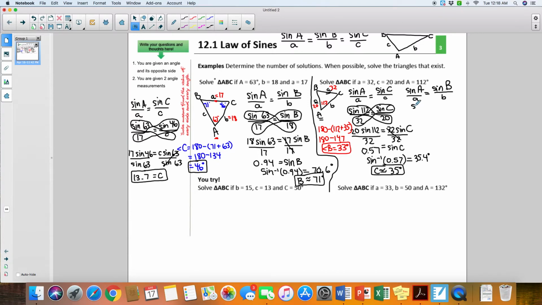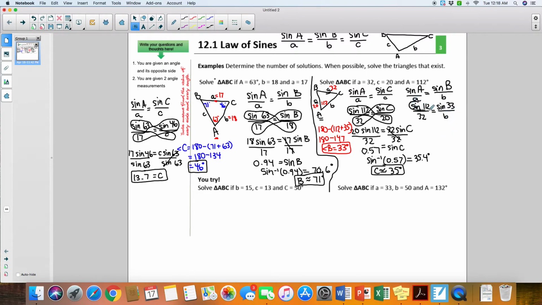Again, A was 112, and little a is 32. Angle B is 33, and little b is what we're solving for.